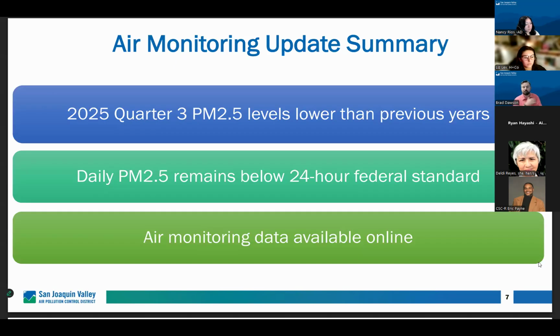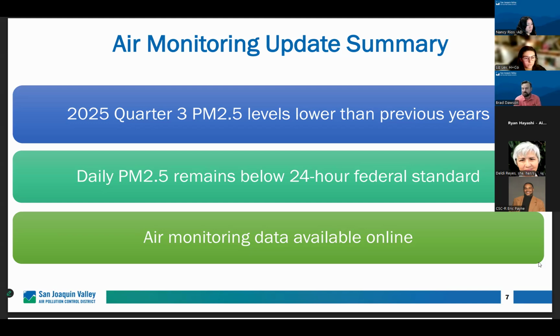Just a couple of summary points before I kick it off to Sean, and he goes over all the fun data. Quarter three, PM 2.5 levels showed to be a little bit lower than previous years. We're talking micrograms per meter cubed, like 1 or 2, but we are seeing that improvement. Daily PM 2.5 on average remains beneath the federal 24-hour standard.